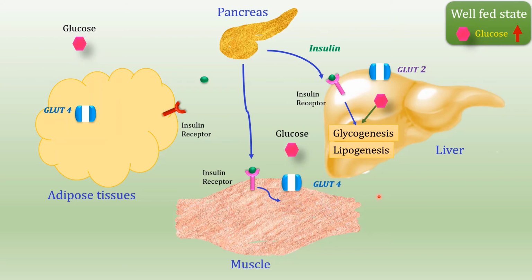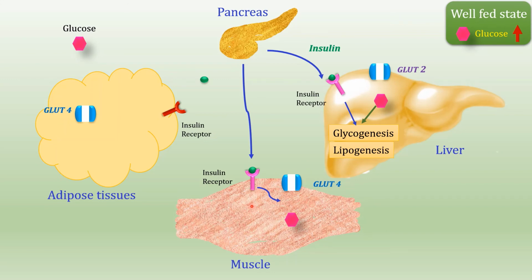So there is translocation of GLUT4 transporters to the surface so that glucose can be taken up by the muscle cell.